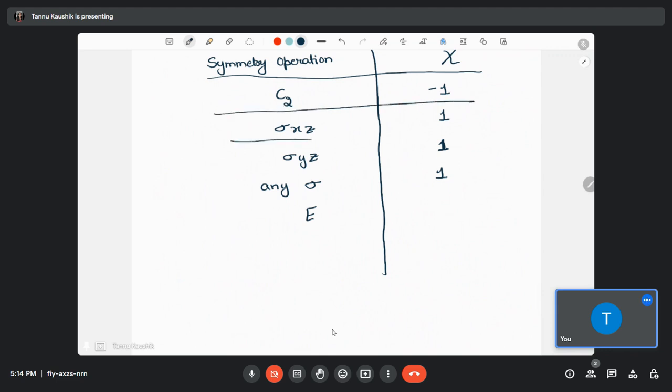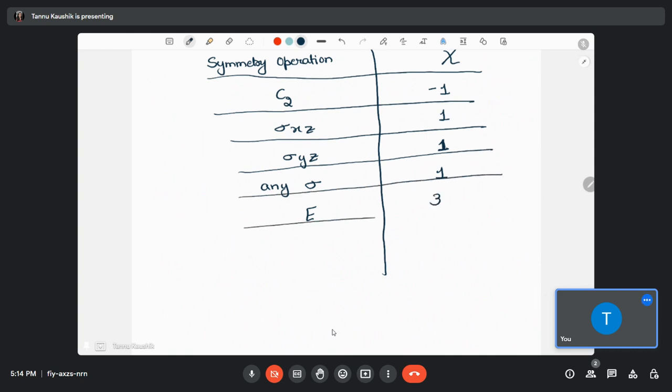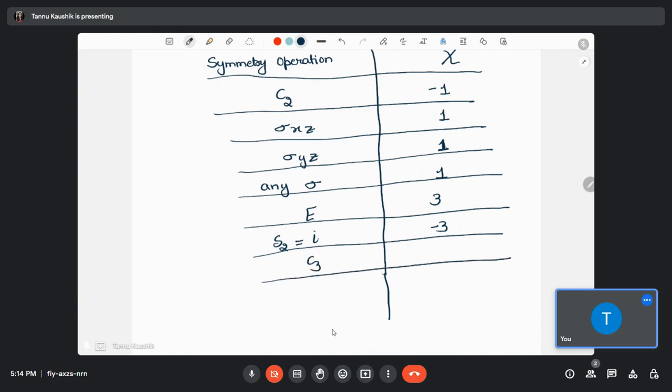And for E, we have found out that for the identity element, it was 3. For the inversion center, which is also equal to S2, it is equal to -3. And for the C3 axis of rotation, here you will be following that trigonometric type of matrix system.